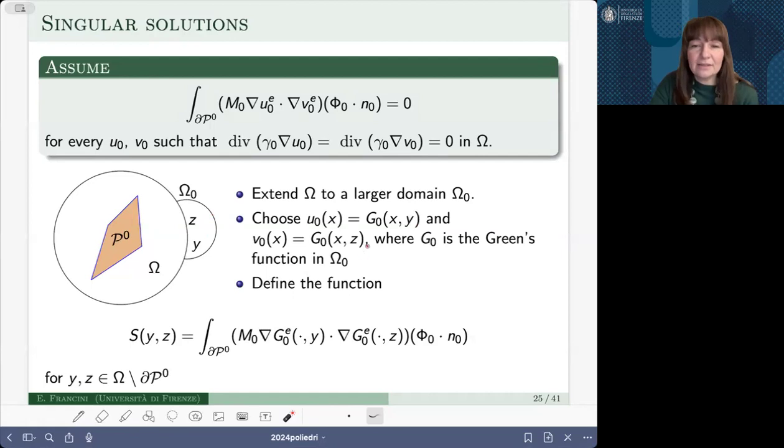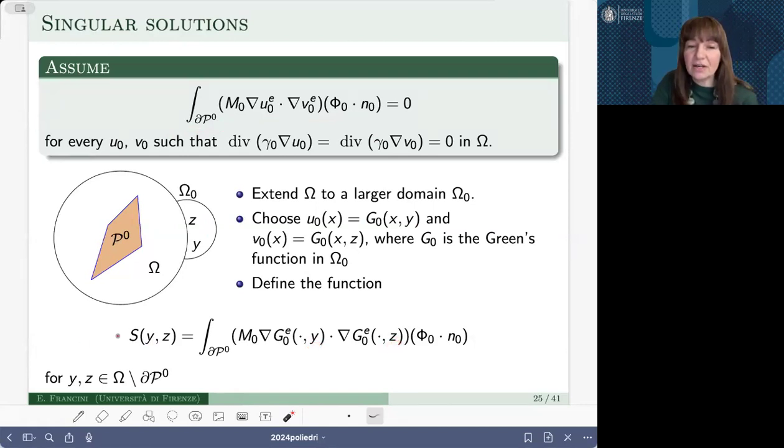And so we insert this special function inside the integral that we have here. When we do this, we get a function, this function S, which depends on the position of y and z, which are the points y and z inside our Green's function.